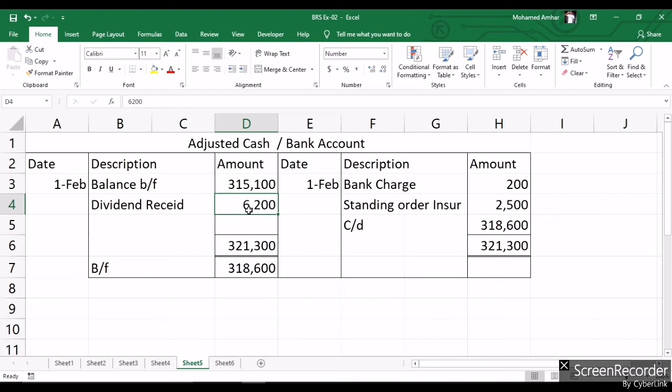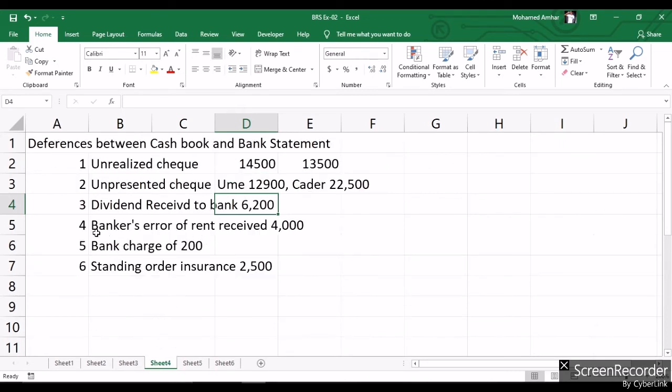The amount received by the bank, that is already recorded by the bank but not recorded by the organization, the business has to record it in the adjusted cash book, right?